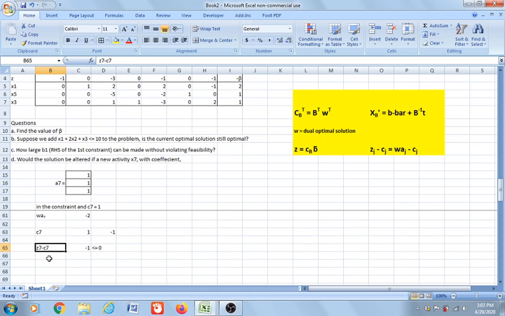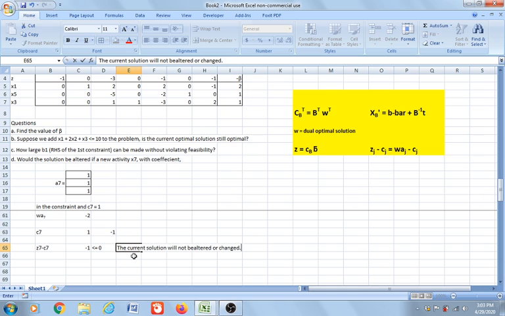So since Z7 minus C7 is less than or equal to 0, the conclusion is that the current solution will not be altered or changed. So I think this is it for the sensitivity analysis, and thank you very much.